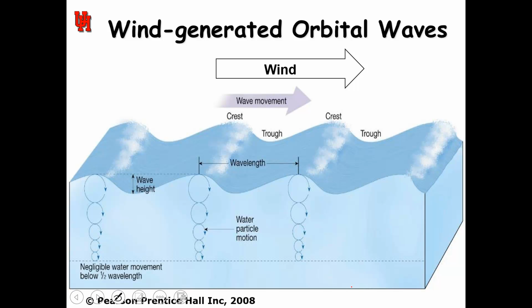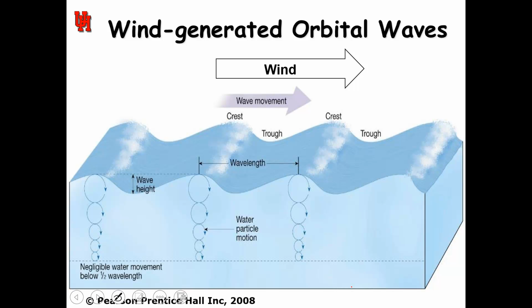Now, let's look at some of those variables that we talked about in terms of wave height, wave period, and ultimately wave energy. When the wind blows in a particular direction, it sets waves into motion in that same direction because of the transfer of energy.